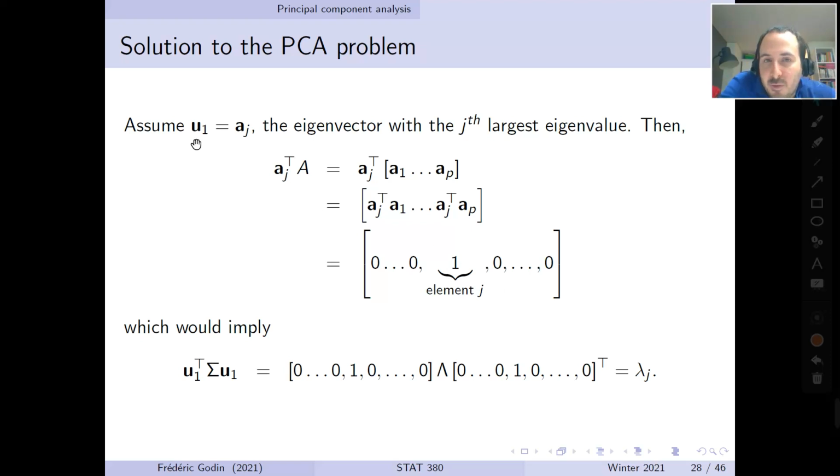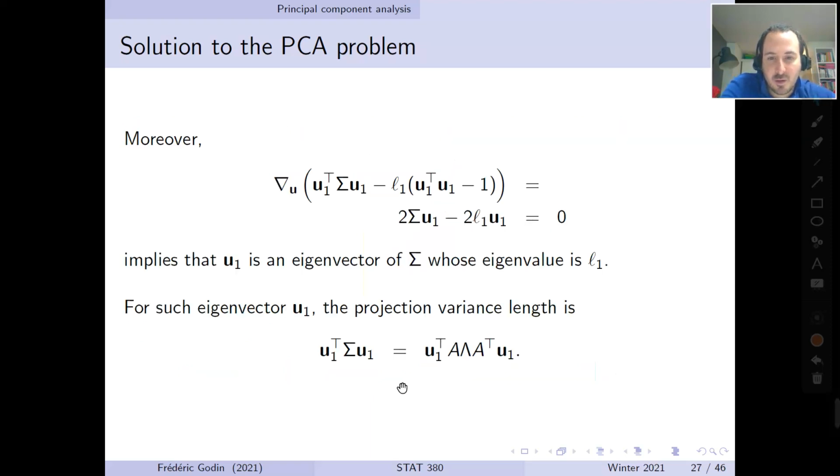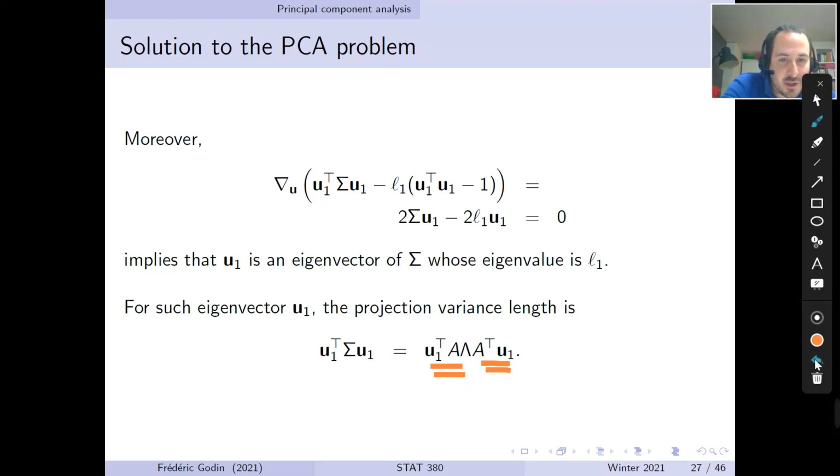Okay, so if the vector u is the jth eigenvector with the jth largest eigenvalue, then u1 sigma transpose is equal to a vector which contains only a 1. So let's go back here. We said this was equal to this, and we've shown here that this and this are vectors containing exclusively zeros except for a 1 at the jth position.